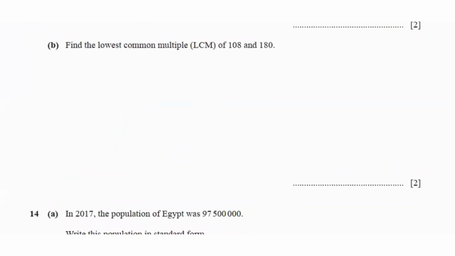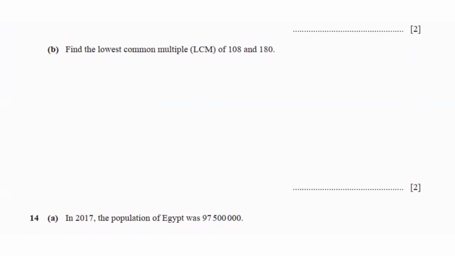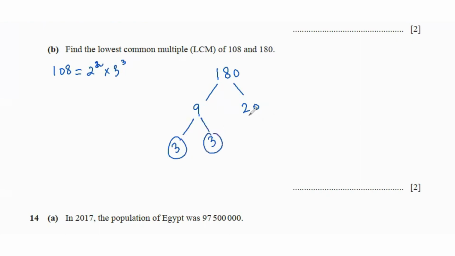Then it says find the lowest common multiple of 108 and 180. So we know that 108 is 2 squared times 3 cubed. So if we prime factorize 180, that's going to be 9 times 20. 9 is 3 times 3. 20 is 4 times 5. And 4 is 2 times 2.